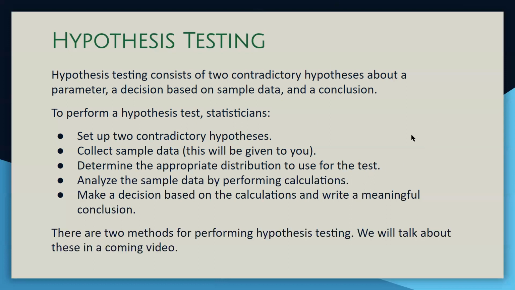There are two methods for performing the hypothesis testing. Both of them follow this general outline. We'll talk about both of these methods in future videos, and you will be free to choose whichever method you are more comfortable with. But the underlying principle for both methods is the same, and that's what we're going to be talking about in this video.